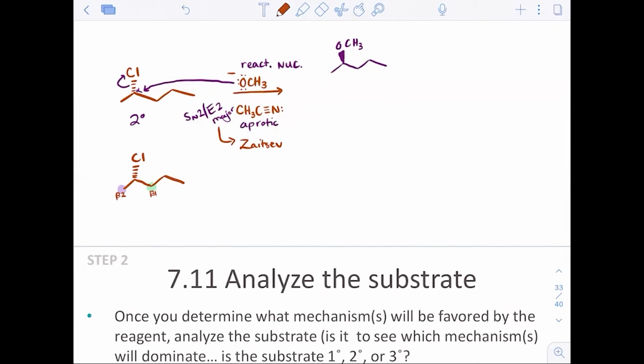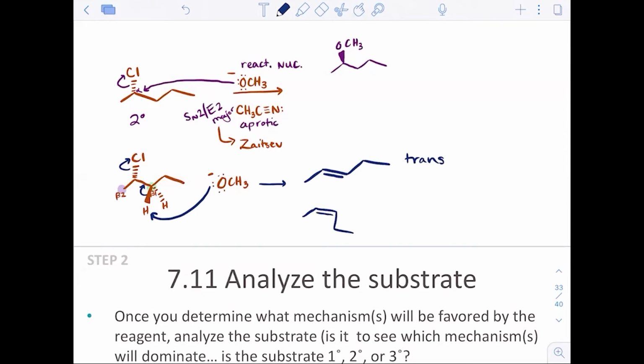So beta 1, that's the more substituted center. We have 2 hydrogens. Right now, the wedged is the one that is in the anti position. Antiperiplanar. So there's our major Zaitsev product, trans. When we rotate the hydrogen on the dash on beta 1, we will also get the cis.